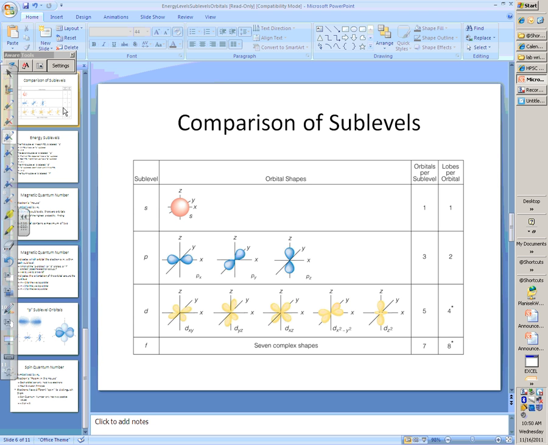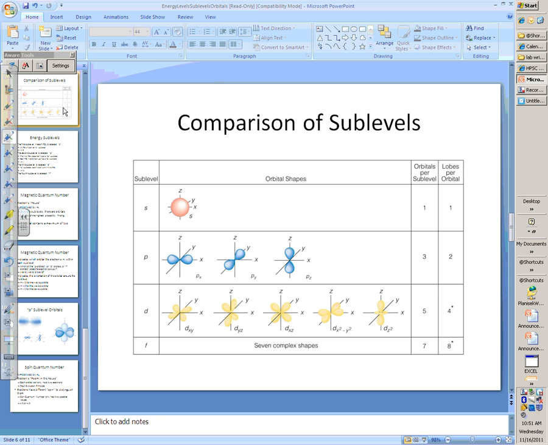Now let's see if we can take that one step further off of this picture up here. F, what does it tell you? How many F orbitals are there? 7 complex shapes. So what is L for the F sublevel?